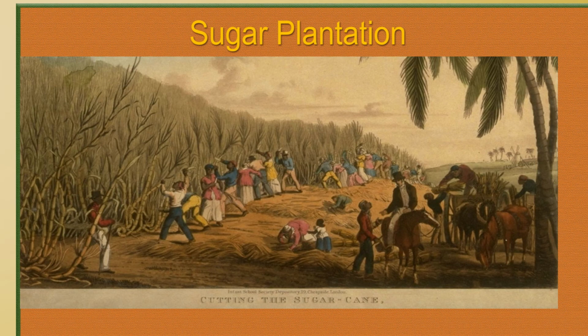The industry of slavery started after the unsuccessful experiments with growing tobacco. The English colonists tried growing sugarcane in the Caribbean. This was not a local plant, but it grew well after its introduction. Sugarcane could be used to make various products.